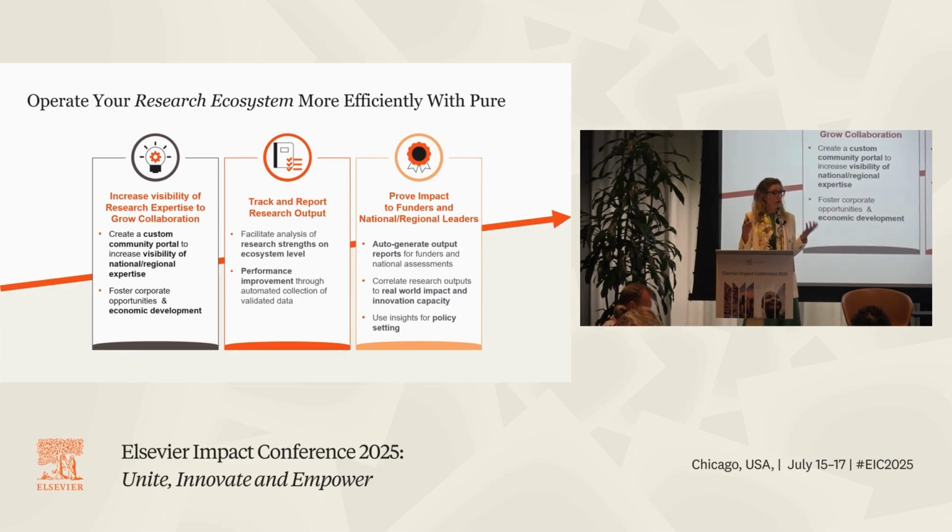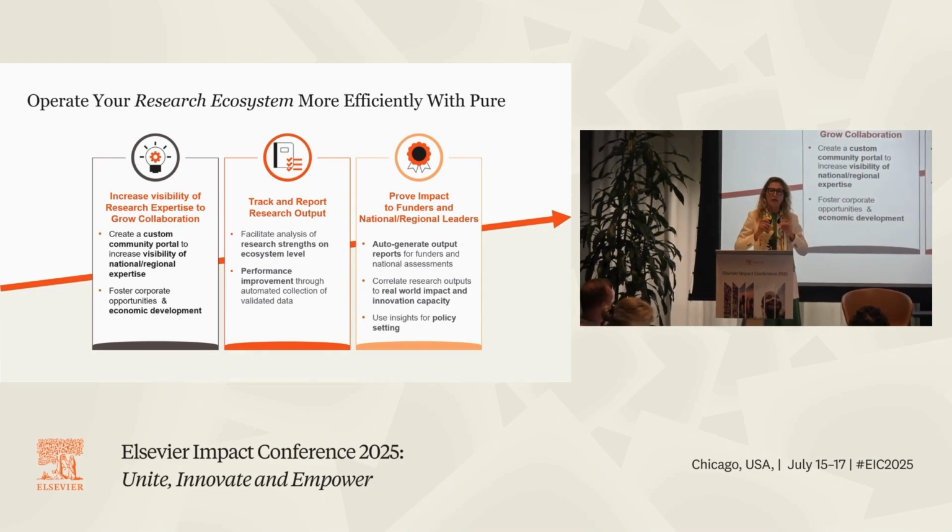One of them is increasing the visibility of research expertise, creating a custom community portal to show the capabilities on a national, regional, or system level to foster collaboration, corporate collaboration opportunities, and hence also regional economic development.